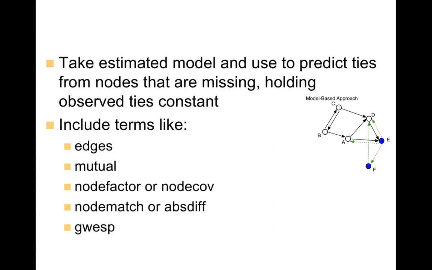Two, it's worth noting that you're able to impute a wider range of missing edges than you did with simple imputation. So not only do you impute ties going from non-respondents to respondents who nominated them, like E to D, you can also extend that to any ties from non-respondents to respondents, as well as ties between non-respondents. And so it's a much more holistic, much more general approach to imputation.